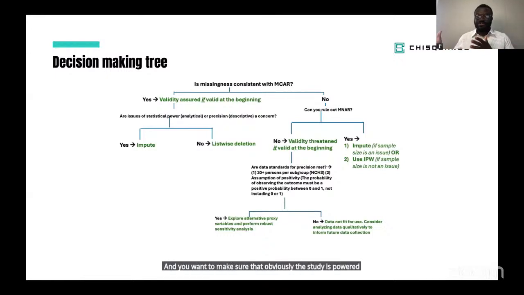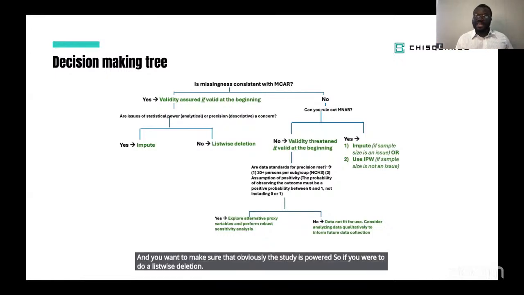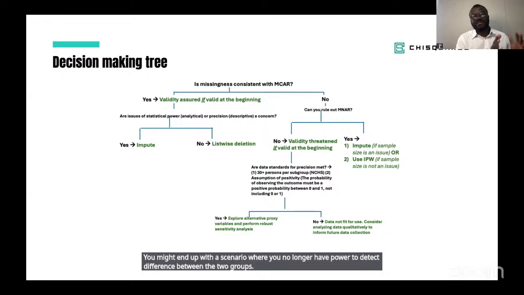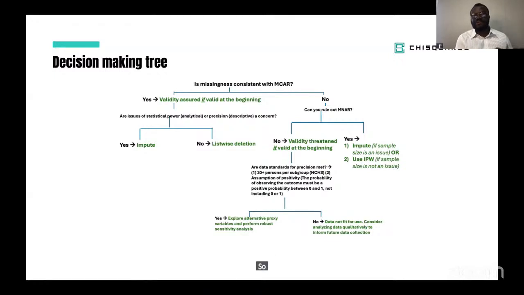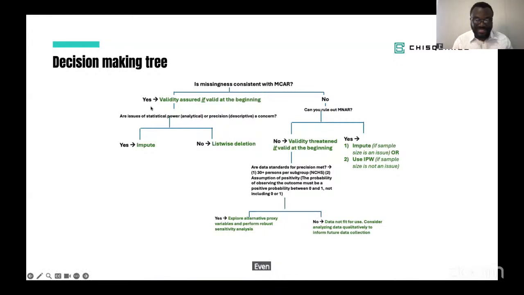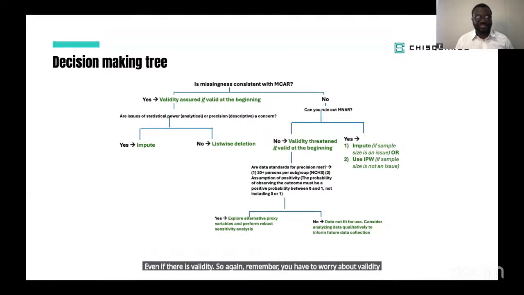So if you were to do a listwise deletion, you might end up with a scenario where you no longer have power to detect a difference between the two groups. So when it's comparative or analytical studies, we talk about power. Or it might just be a descriptive study you're doing, but you still have to worry about precision. My confidence interval is going to be too wide because I have done listwise deletion, even if there is validity. So again, remember, you have to worry about validity and precision.